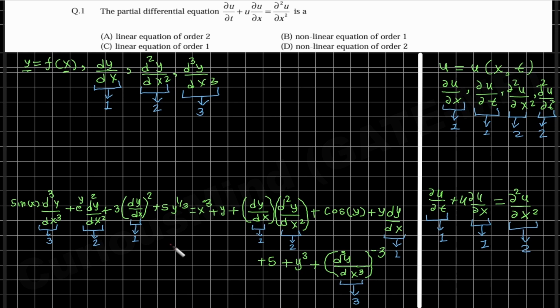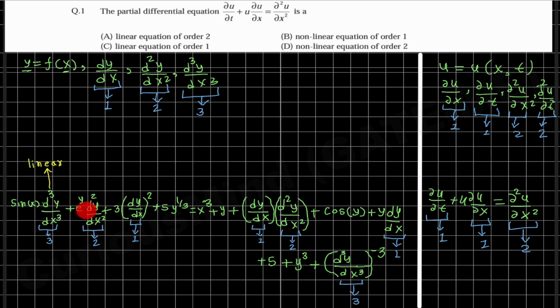We will check the first term, and in this term there is only third order exact derivative and no other combination with other derivatives or with y, or there's no functional form of y or any of its derivatives. So this term is making this whole exact differential equation a linear differential equation.